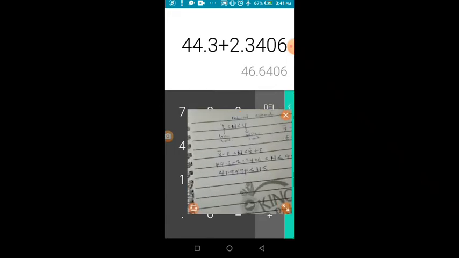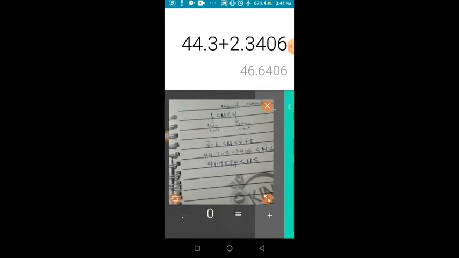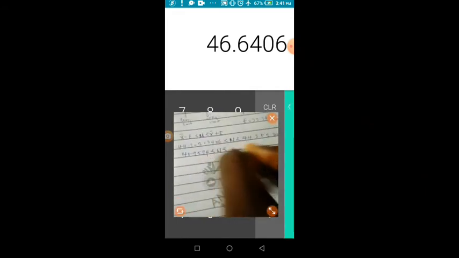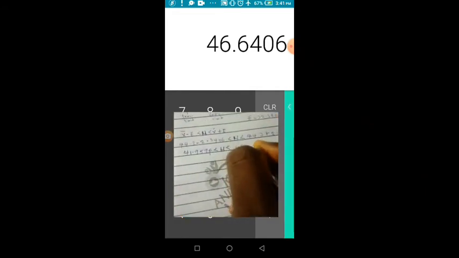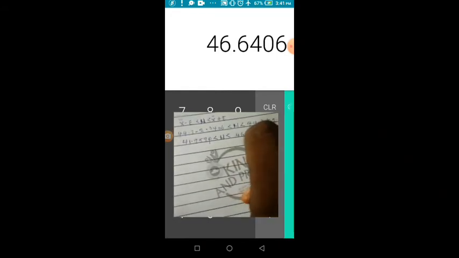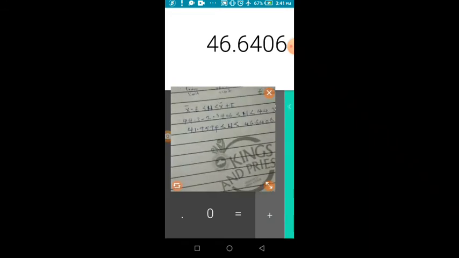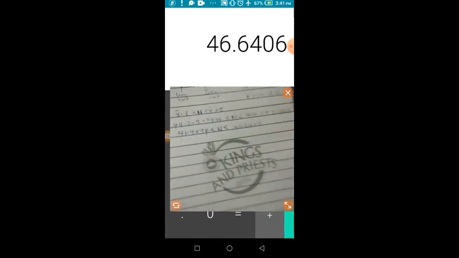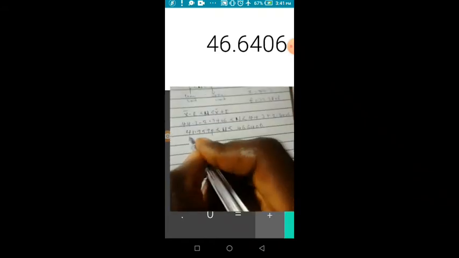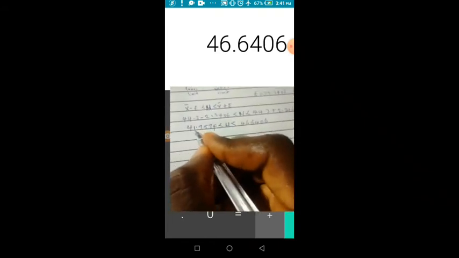So the answer is 46.6406. You can see the question, you can see the answer. So now this is the range of the interval.